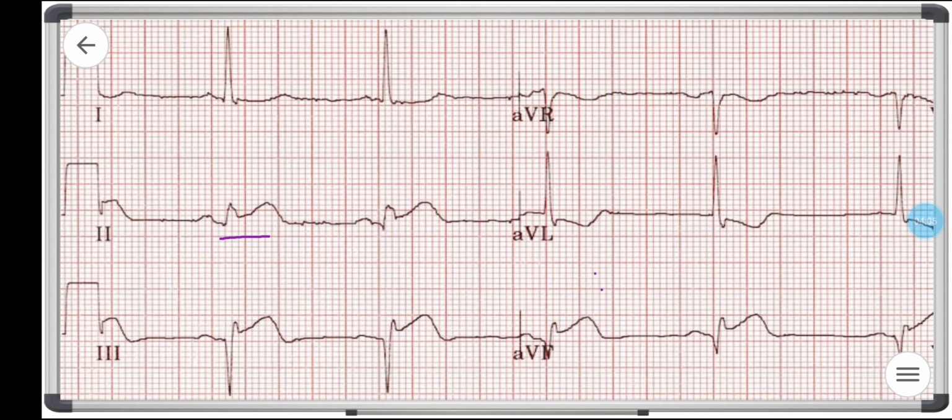Here you can see the elevations over here and the depressions here. Actually, whenever there is an ST elevation MI, there are reciprocal ST depressions in the other leads as well.